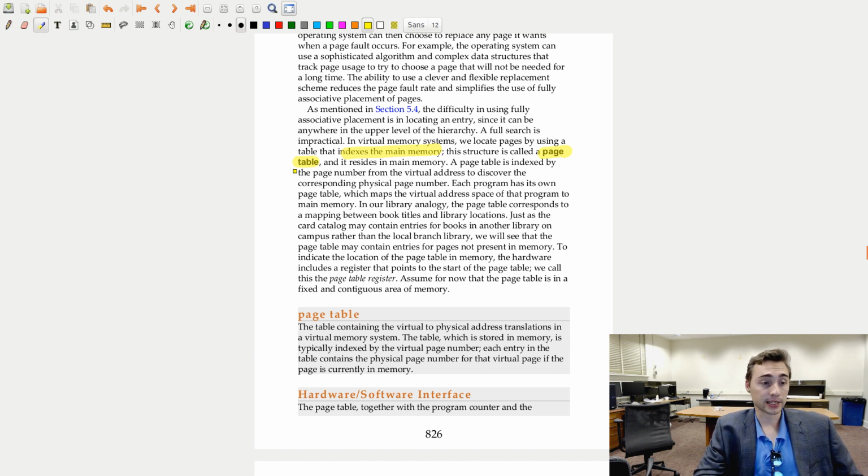A page table is indexed by the page number from the virtual address to discover the corresponding physical page number. Each program has its own page table, which maps the virtual address space of that program to main memory. In our library analogy, the page table corresponds to a mapping between the book titles and library locations, just as the card catalog may contain entries for books in another library on campus rather than the local library branch.